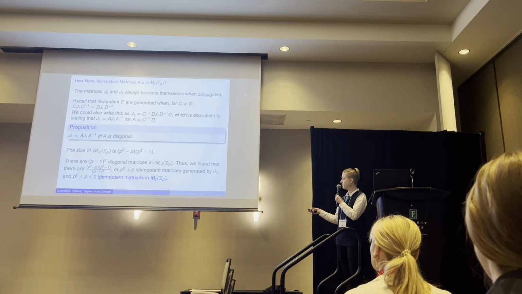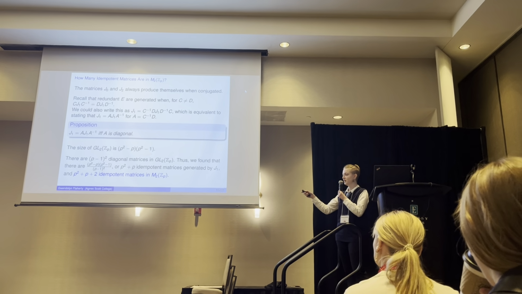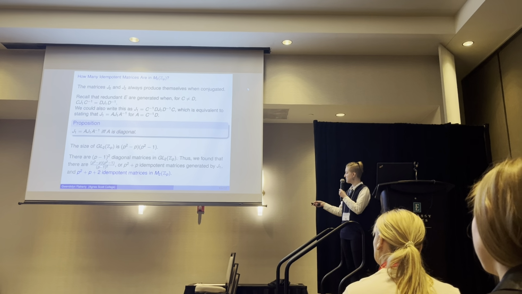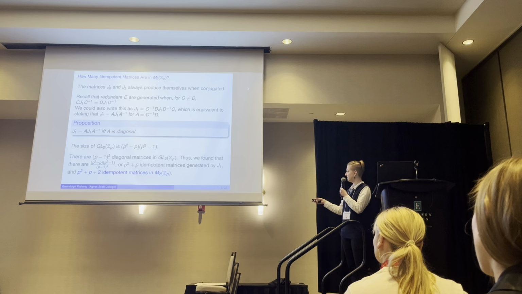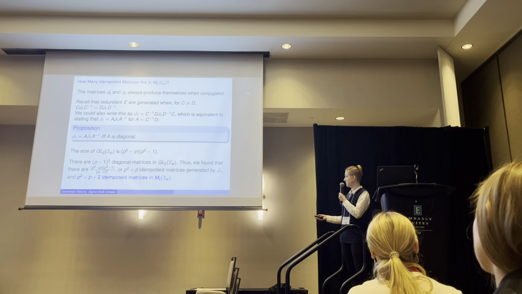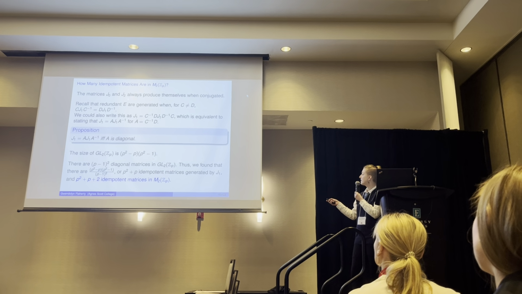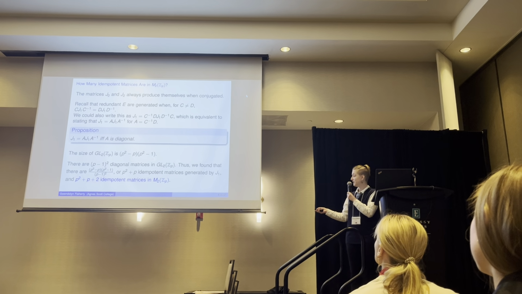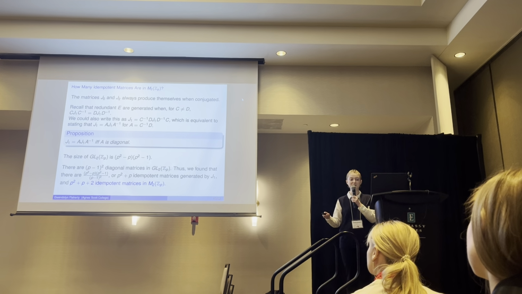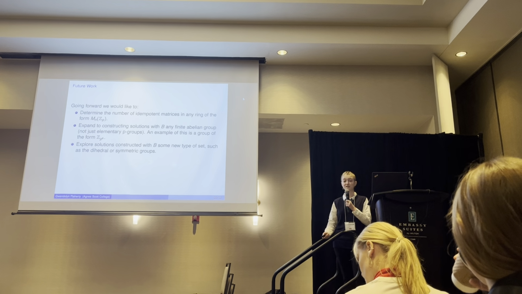So there's p-1 choices for each diagonal entry. If we divide the amount of diagonal matrices out of the total order of this group, we get p squared plus 1 idempotent matrices that are generated by J1. And adding back in our J0 and J2, we have p squared plus p plus 2 idempotent matrices total in the ring M2ZP. So that's what I found so far.